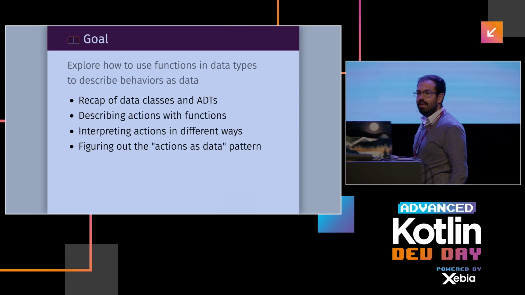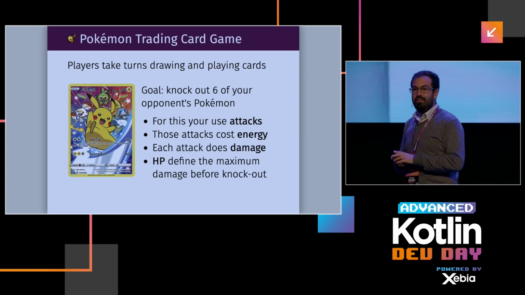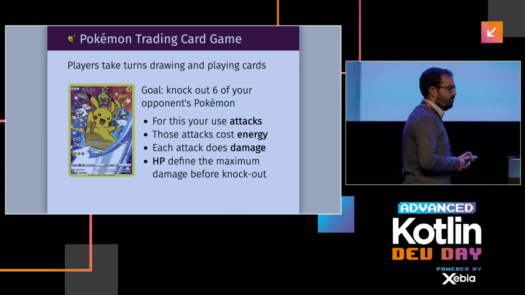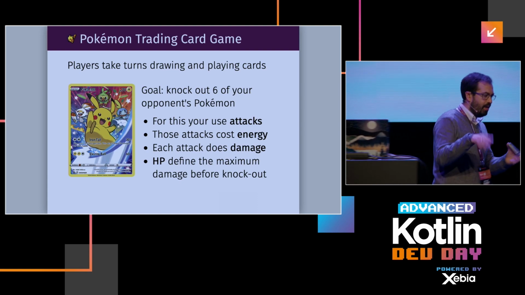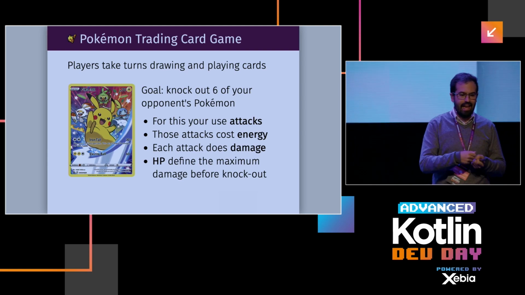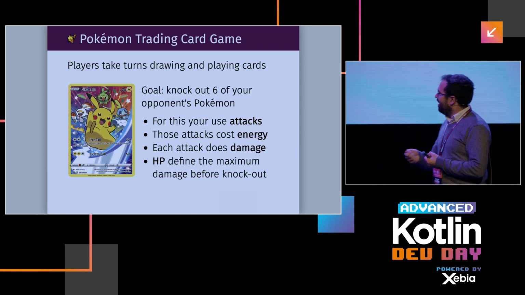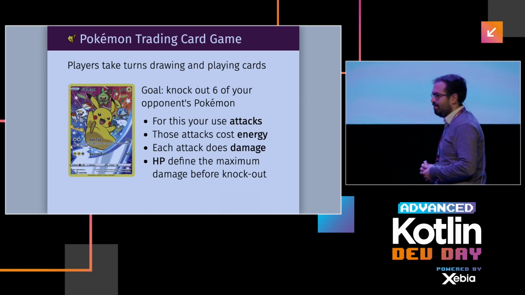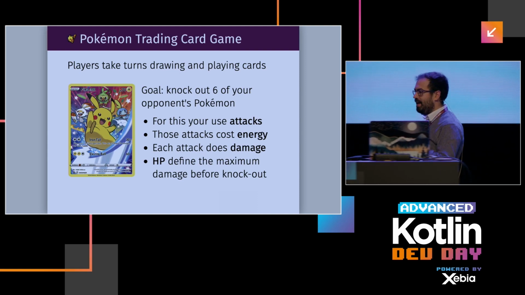So yeah, I like to use this as an example. My son and I play this too much. That's too much money. But anyway, there is this game. If you ever played one of these geeky games where you have a card and the card has tags, and then you try to knock out your opponent's Pokemon.